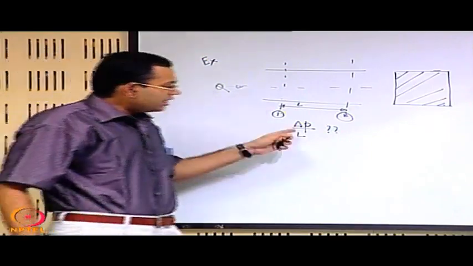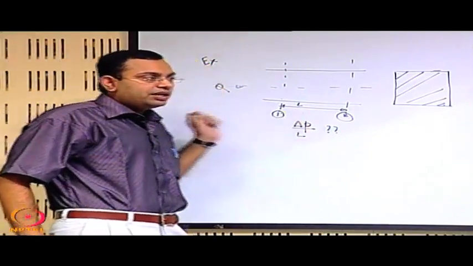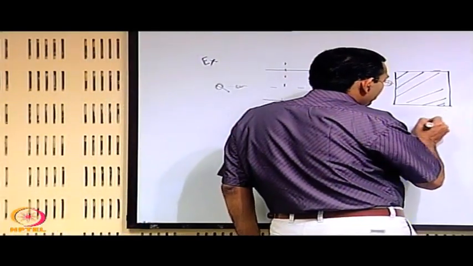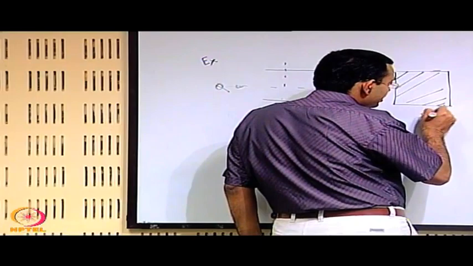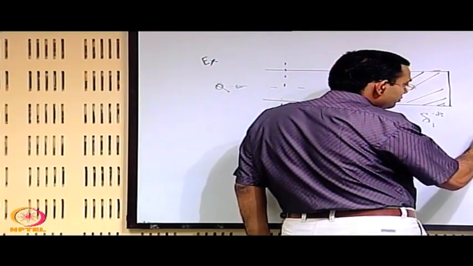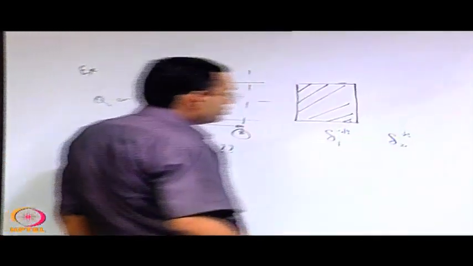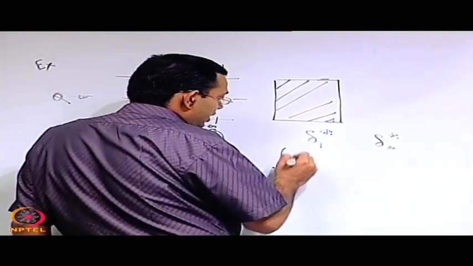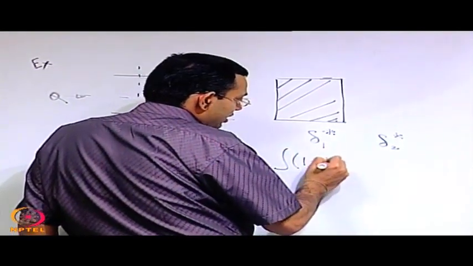To get a simple estimate of this delta P by L, one may get an estimate of the displacement thicknesses at 1 and 2, delta 1 star and delta 2 star. Of course we have the corresponding expressions as we derived in the previous class.